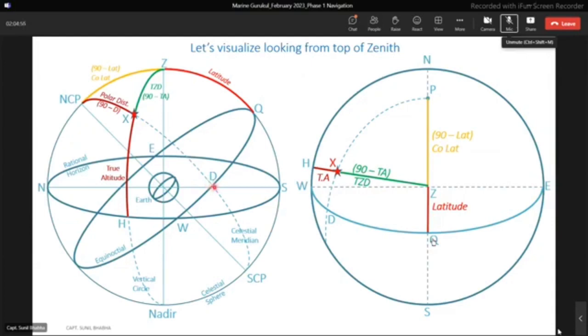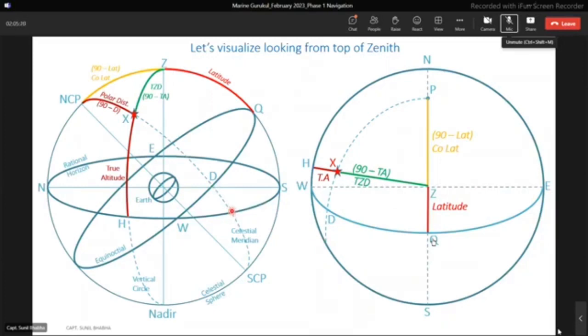This is the D point in the celestial sphere diagram, and it is referring to this D point on the rational horizon diagram. Going further from D, it will cross the rational horizon and go on the far side.